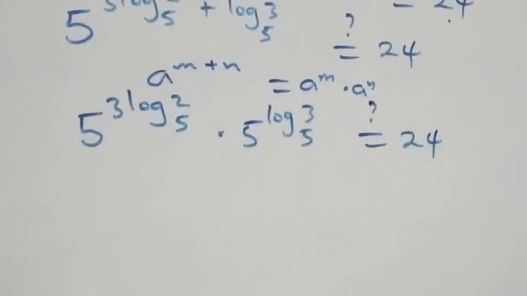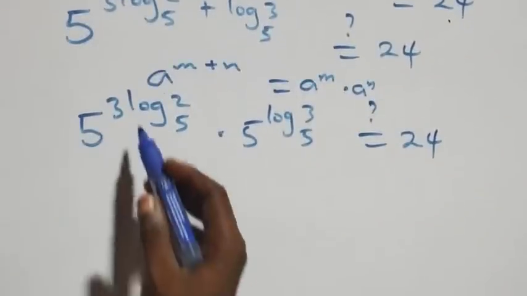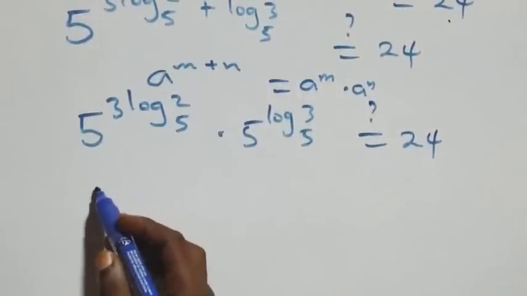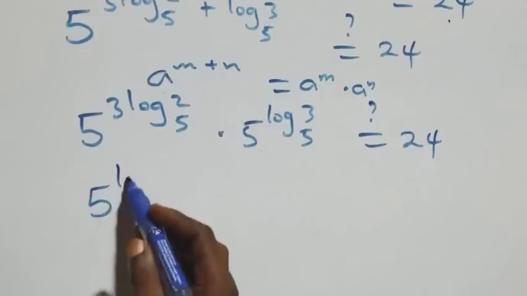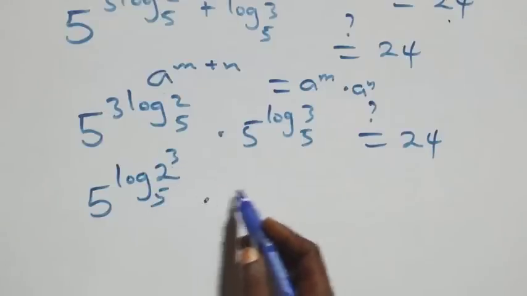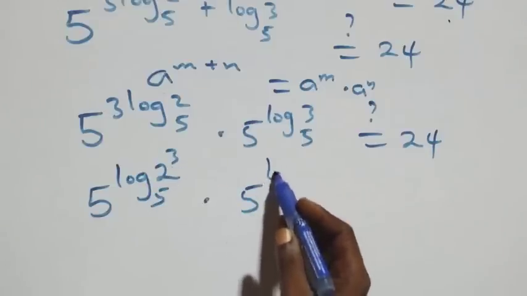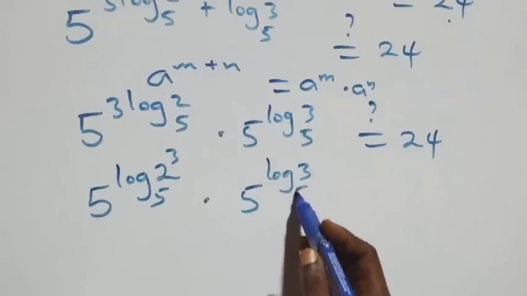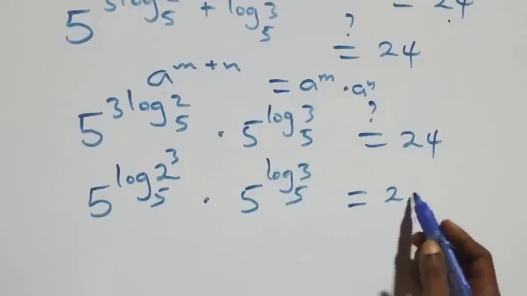Then from here, we can reverse this 3 up here from the power law and we have 5 raised to power log 2 raised to power 3 base 5 times 5 raised to power log 3 base 5. Is it equal to 24 on this side?